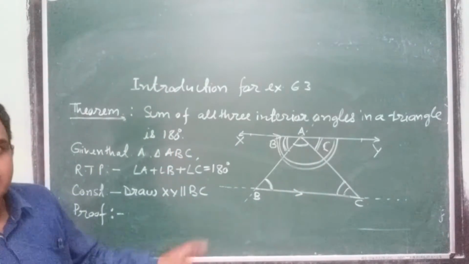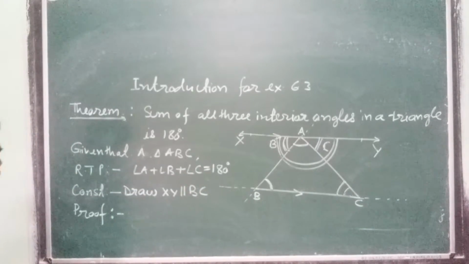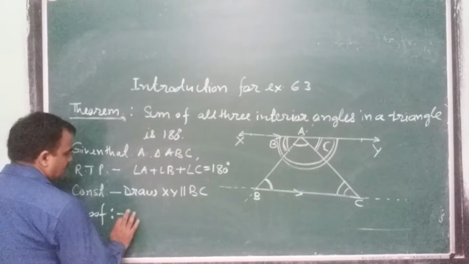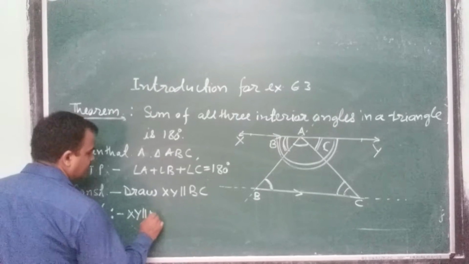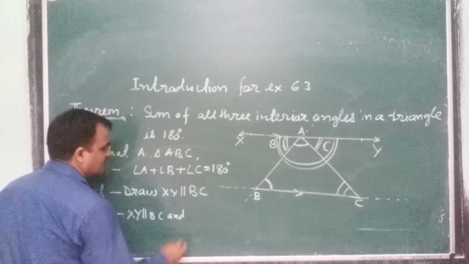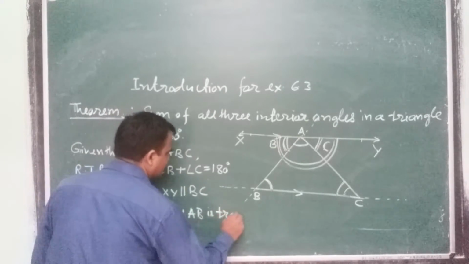So this is the concept of this theorem, how to prove it. So let us write this. XY is parallel to BC and AB is transversal.